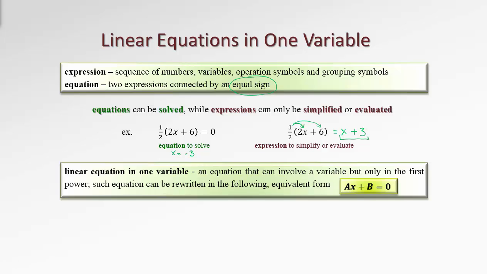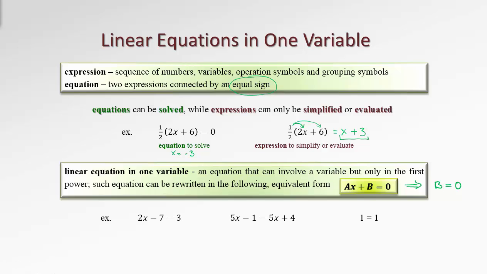So any such equation will be called linear. On the left-hand side, we can have a linear polynomial, and on the right-hand side is just 0. Notice that if a is 0, we deal with the degenerate equation, just constant b equals 0. So even such an equation would be called linear.